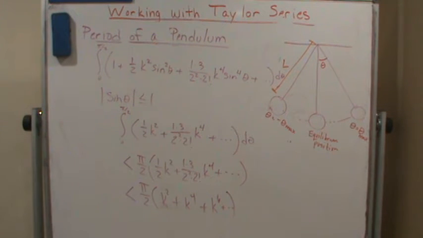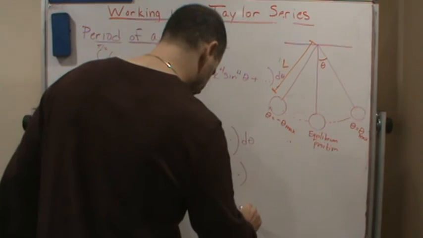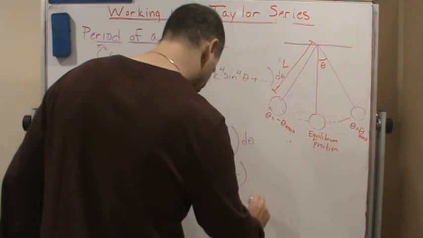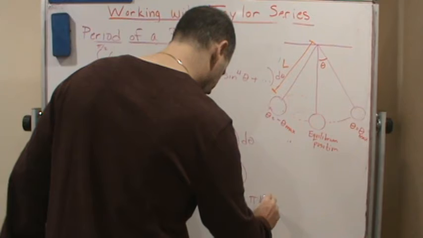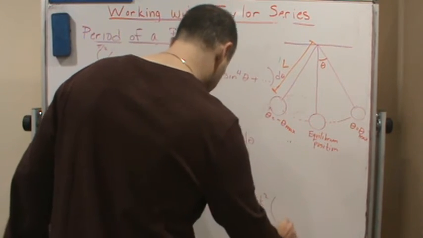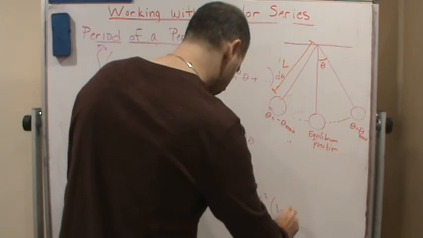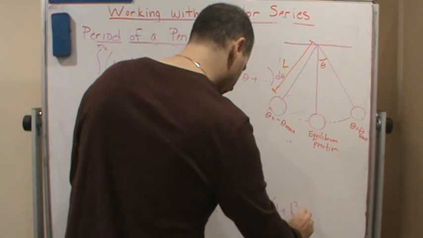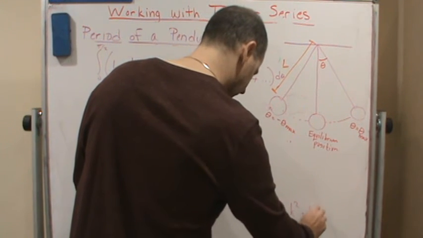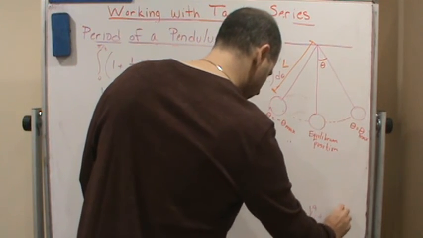So now we're going to factor out k squared. And by doing that, this is going to equal pi times k squared over 2 times 1 plus k squared plus k to the 4th, and so on.